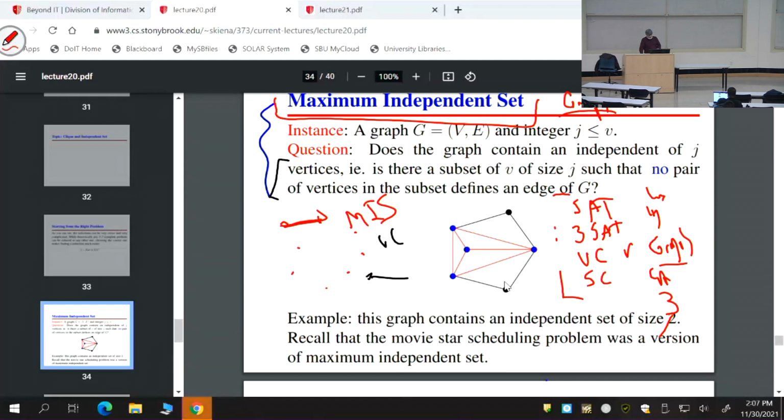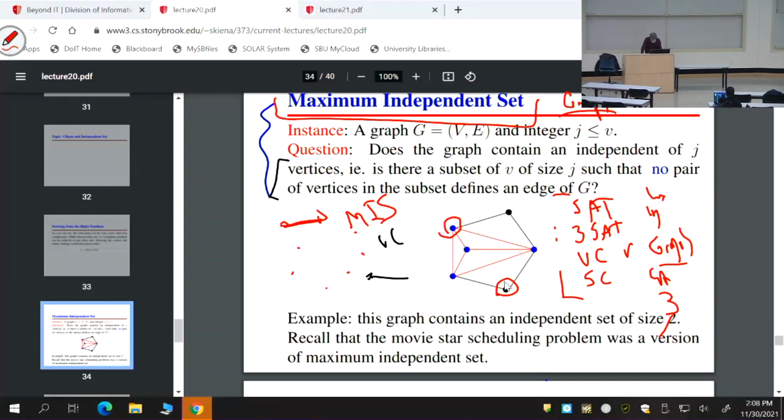Let's take a look at this thing. Are these two vertices an independent set? Are those two vertices an independent set? Yes, it's not the smallest one. Actually, let's make it a little differently. Let's take these two. Are these two vertices an independent set?